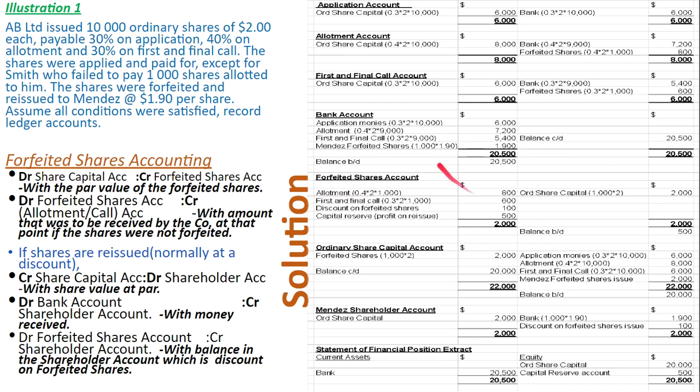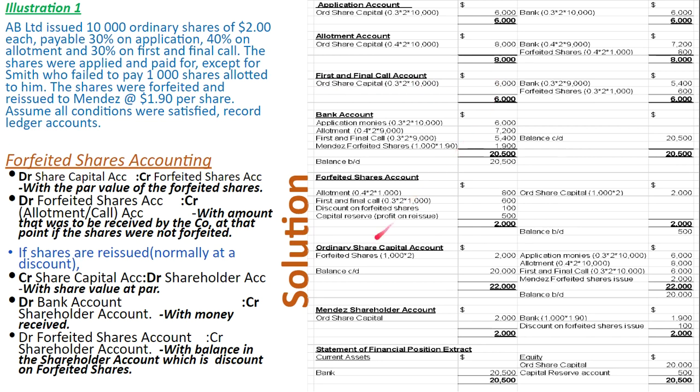Next, we go to the first and final call account. Again, we need to record our ordinary share capital as if all the shares were paid for. So we will simply say 30% paid on first and final call. So 30% times 2 times 10,000 to give us $6,000.